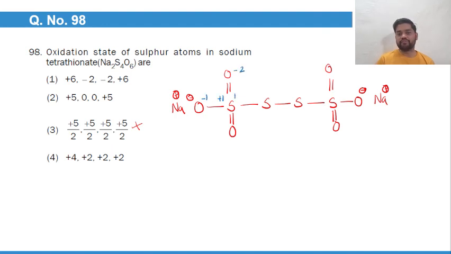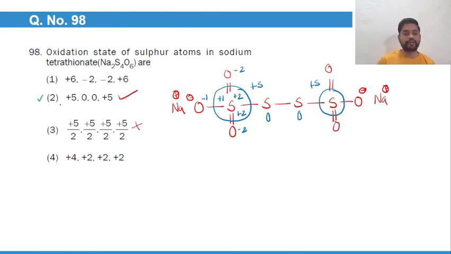This is -2, +2, -2, +2. So what is the total charge on sulfur? It is +5. What is over here? 0, 0. Out of symmetry, because the first and the last atom is the same, here also I can mark +5. So what will be the answer? +5, 0, 0, +5. So option number 2 will be the best answer for it.